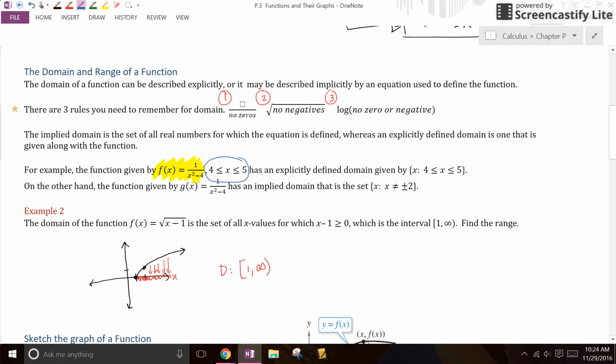With range, I take the graph and smush it onto the y-axis. Wherever there's graph, I smush it onto the y-axis, and you would see graph here, but you wouldn't see any down here in the negative region because there's no graph there. So the range is everything from 0 all the way to infinity.